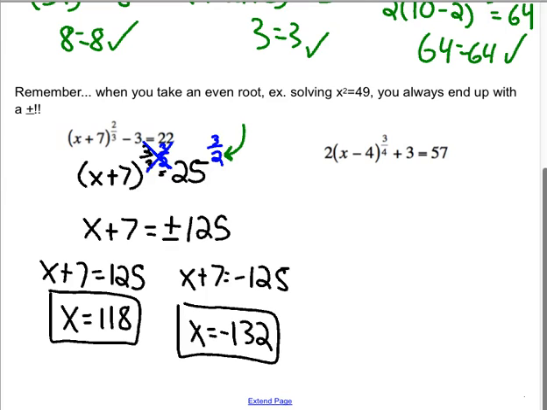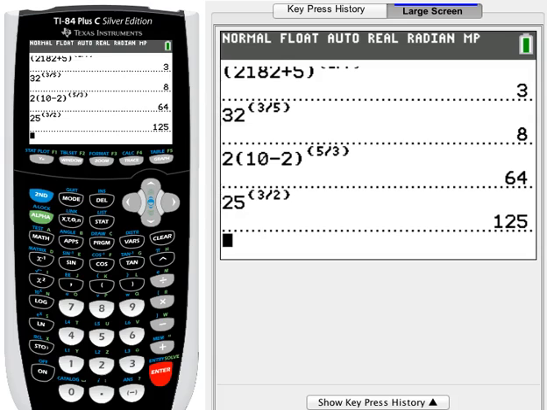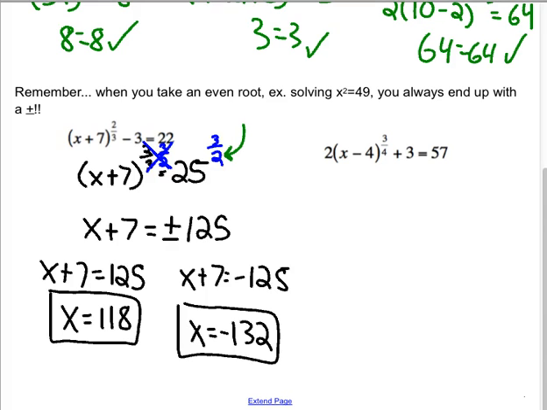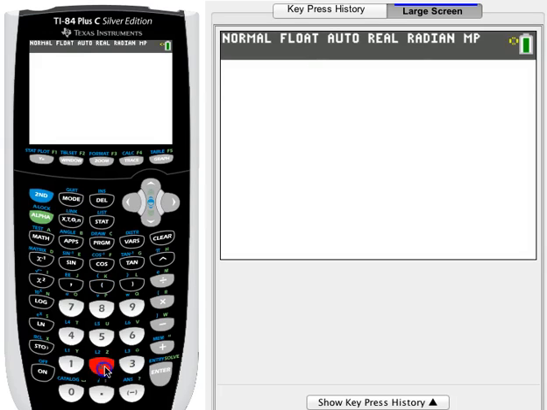So let's go back, and of course, good idea. Let's go back and check both of these answers, okay? So I'm going to plug both of those back into my calculator. So I'm going to start with 118. So 118 plus 7 to the, I'm sorry, I need to remember the power, to the 2/3 power, then minus 3.